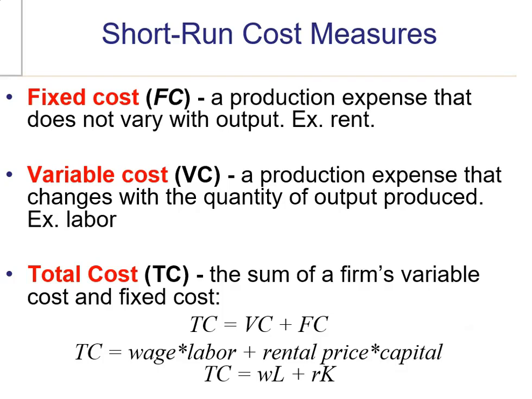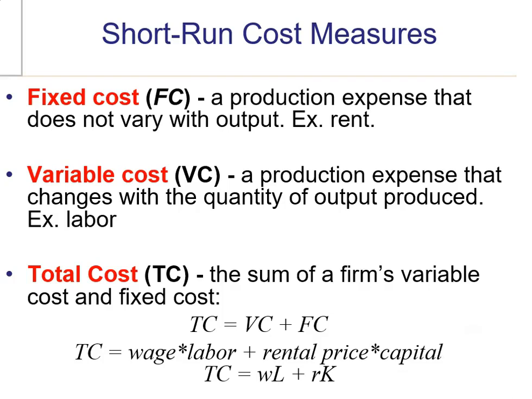This is the sum of a firm's cost of production. Once again, total cost adds your fixed cost and variable cost. The abbreviations we use for these terms: fixed cost, FC; variable cost, VC; total cost, TC. So TC is the sum of VC and FC.